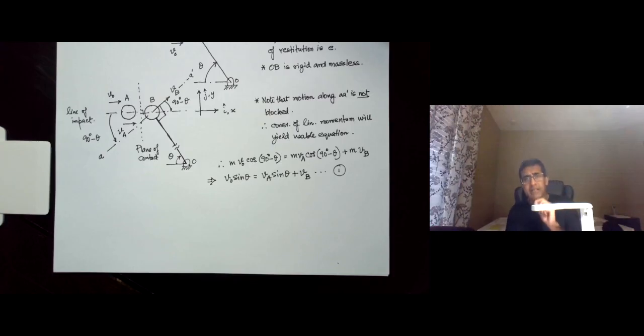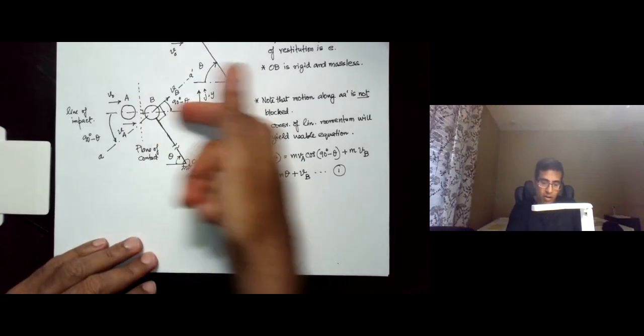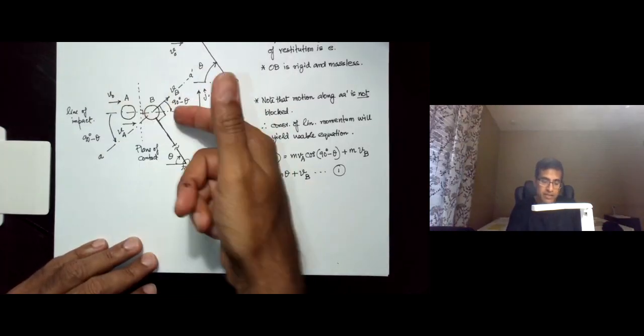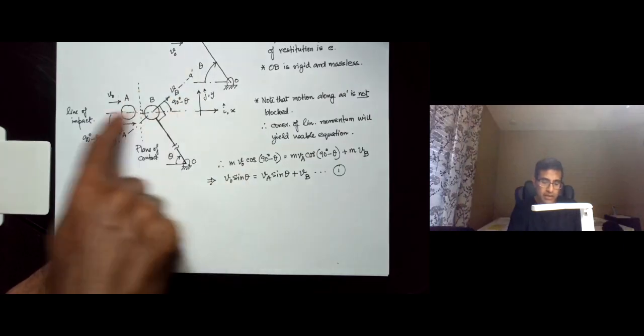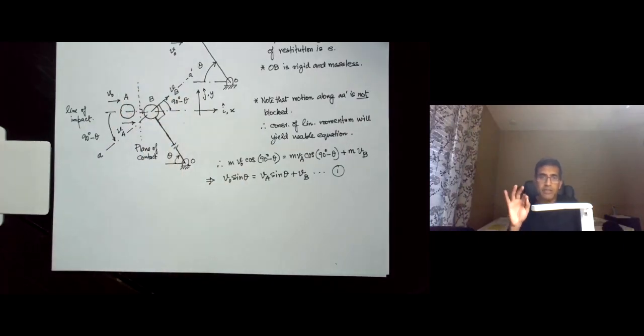It is because of the instantaneous compression and restitution of the two surfaces that are coming in contact, and the coefficient of restitution is therefore always written about the line of impact. Because the deformations and the restitution of the surfaces happen directly along the axis of impulses, and the axis of impulse in this head-on collision is the line of impact. So the coefficient of restitution equation must be written along the line of impact.